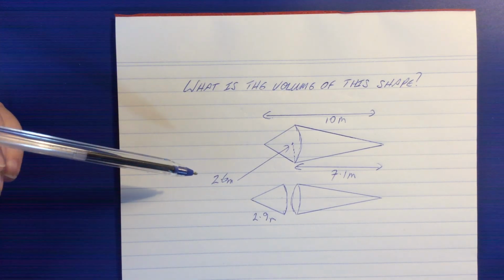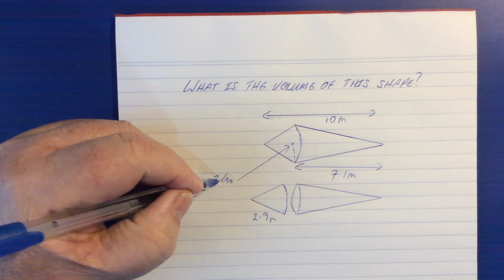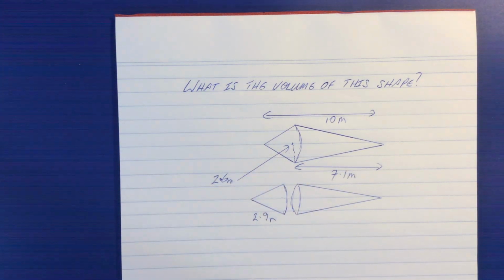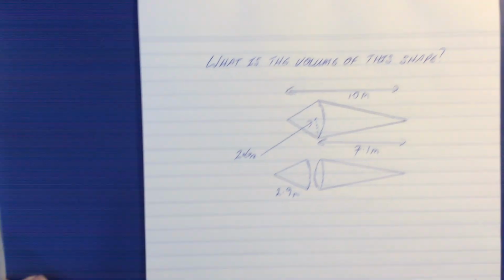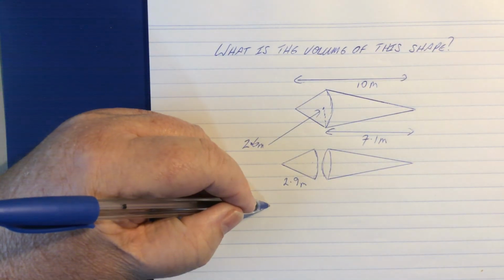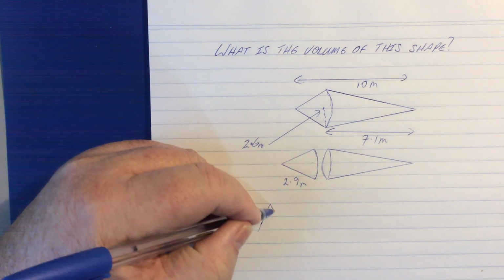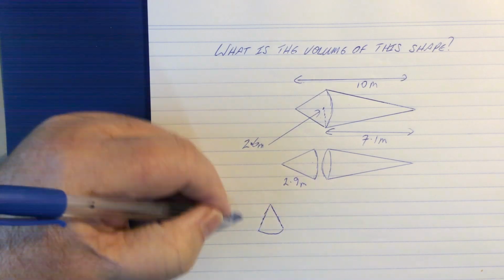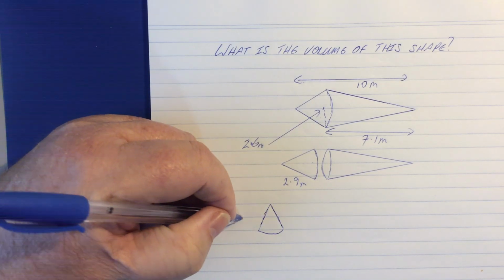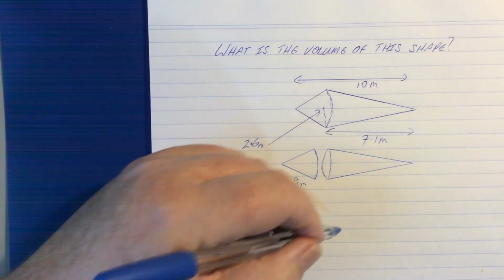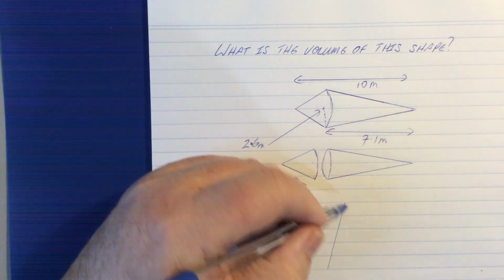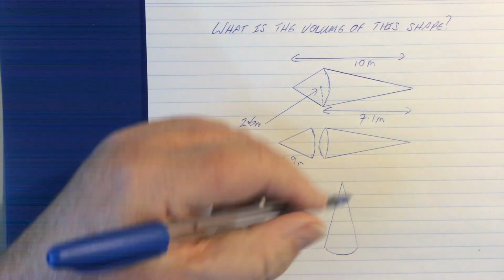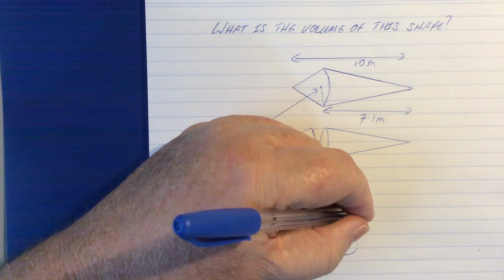What I always find is a good idea is to break these composite shapes up into their constituent parts. I'll draw it like this. We've got the smaller cone, which is 2.9 meters tall, and the larger cone, which I'll draw here, which is 7.1 meters tall.